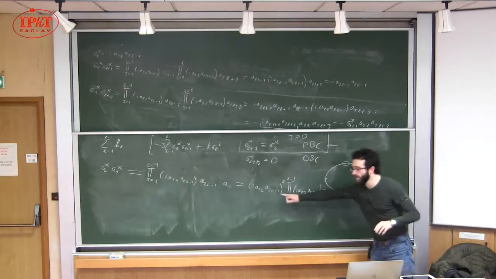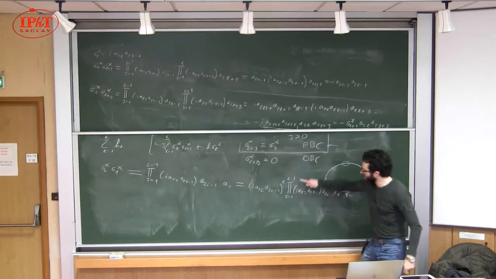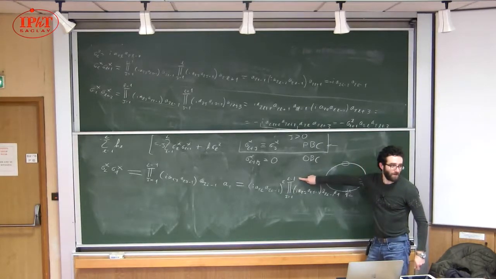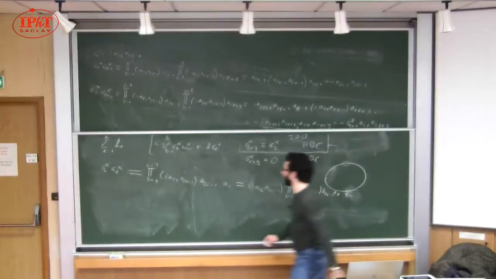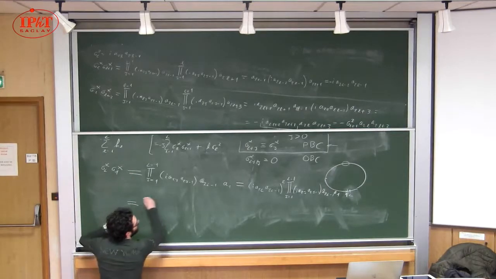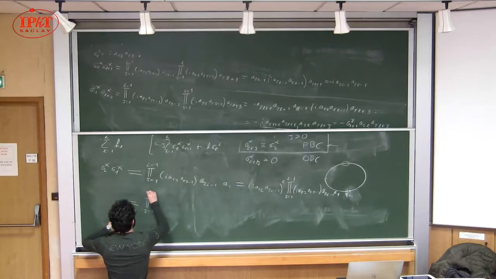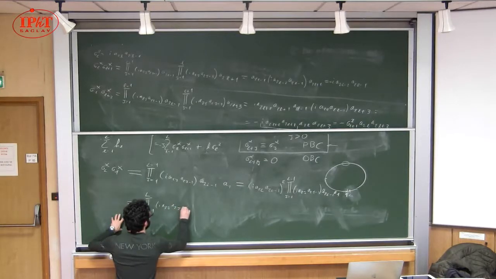I didn't do anything here. And now, you see, this is just the missing term in this product. This is why I multiply by this term. So what you find is that this is equal to the product for j that goes from 1 to capital L of i a_{2j} a_{2j-1}.